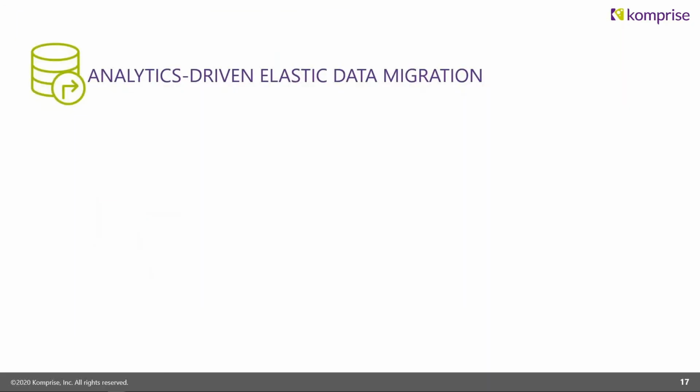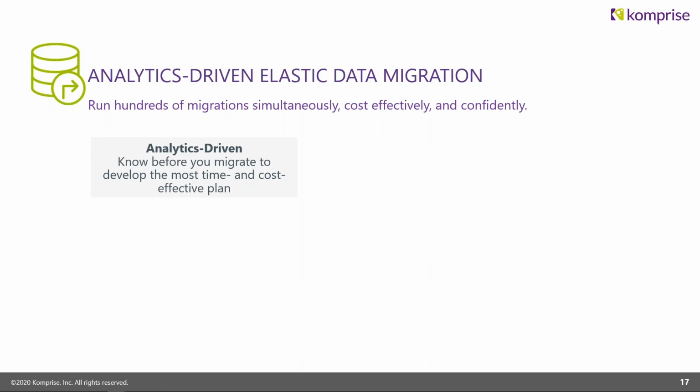So those 7 problems that we solve with data migration can all be addressed through an analytics-driven data migration and data management solution like Komprise, because you first get to understand what you have and you get to plan your data migration efficiently. You also get to preserve data integrity by maintaining all the metadata and maintaining the integrity of every single file that is migrated.